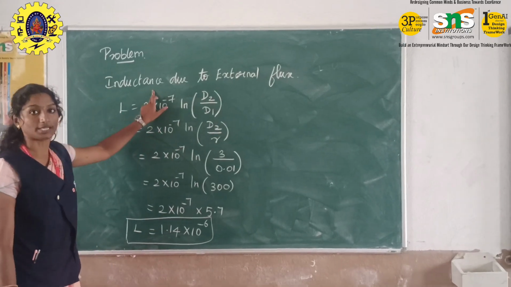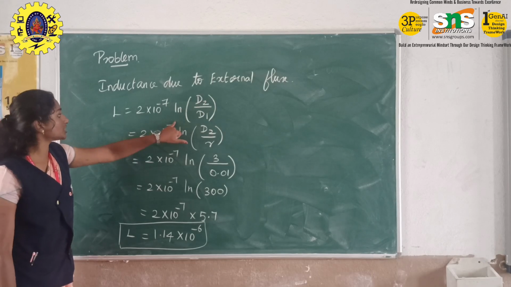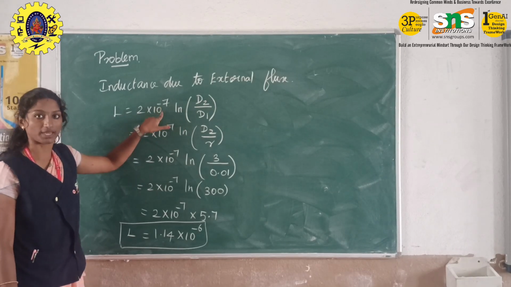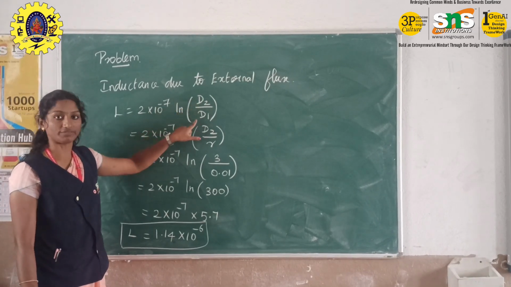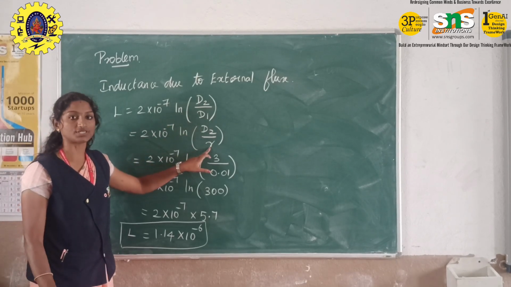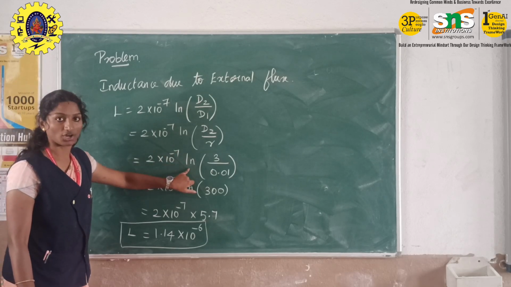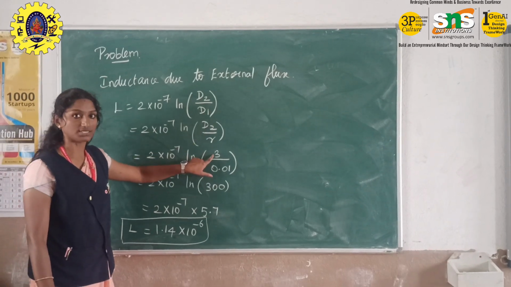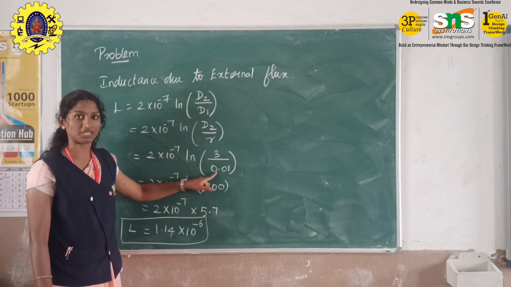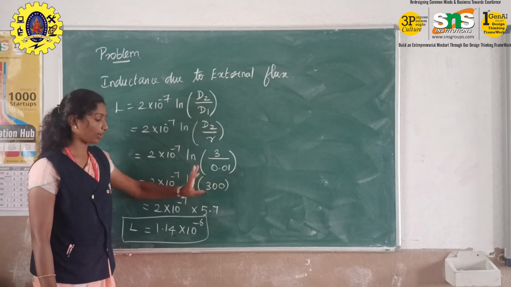Next is to determine the inductance due to external flux. From the derivation we can write it as 2 into 10 power minus 7 ln of d2 divided by d1. Here d1 is the radius, which is given in the question. So 2 into 10 power minus 7 ln of, the distance is 3 meters, and the radius is 1 centimeter, converted to meter, written as 0.01.